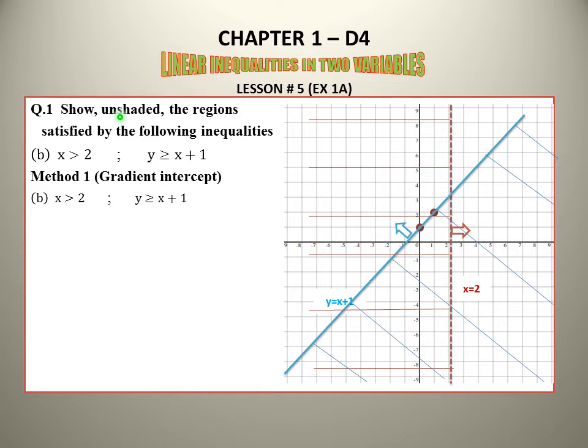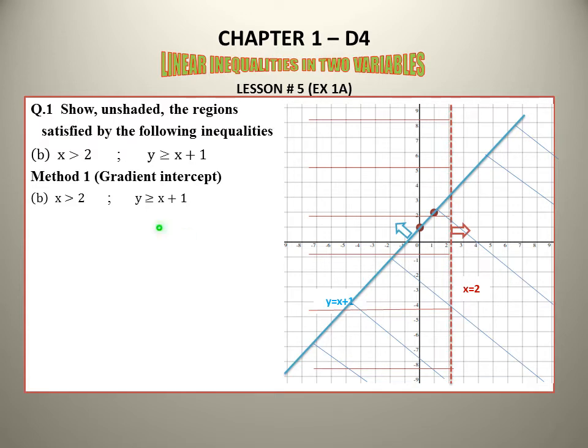In this question you were asked to leave the defined region unshaded. So we found the defined region and shaded the unwanted or undefined region. This is the defined region which is above the line, this whole region. So we have shaded the region below this one.